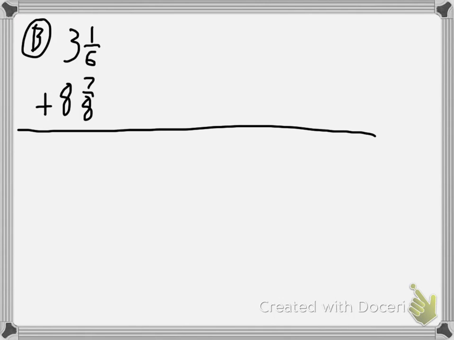We have 3 1/6 plus 8 7/8. Again, the first thing I'm looking at are my denominators. Are the denominators the same? Nope. So I'm going to go ahead and write my equivalent fractions because I need to take care of this fraction first before I do anything else. I know that my common denominator is going to be 24.